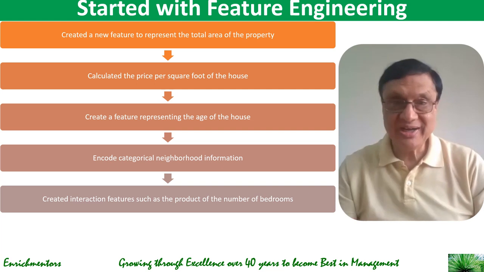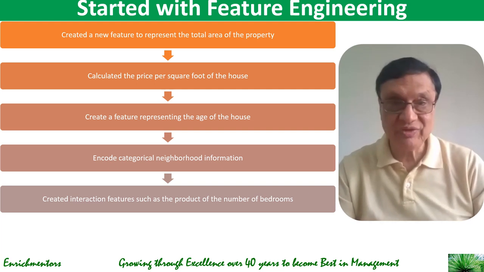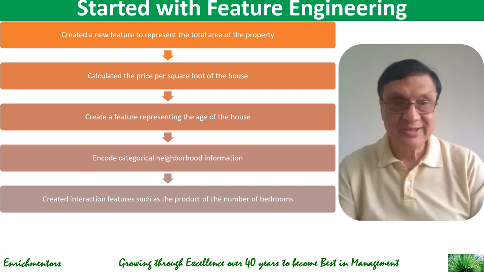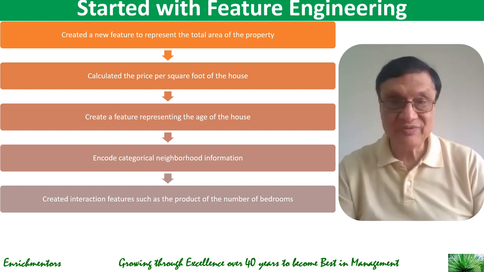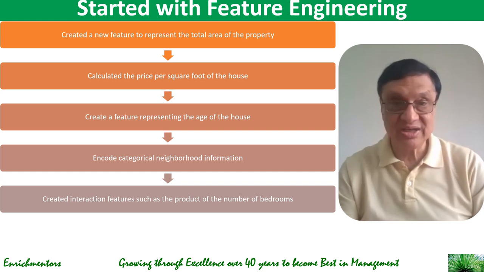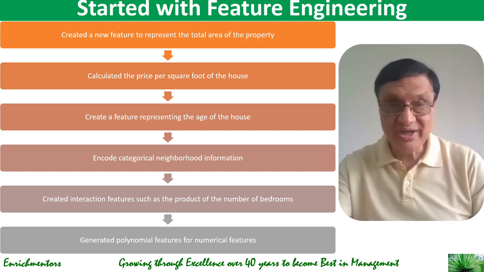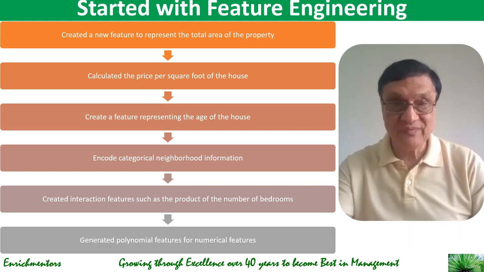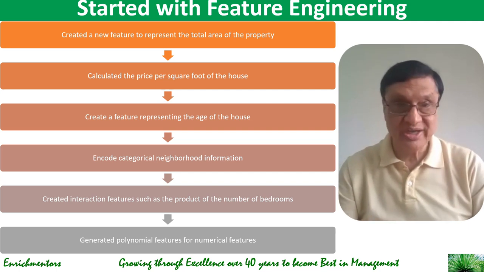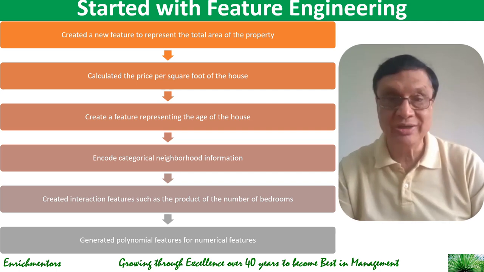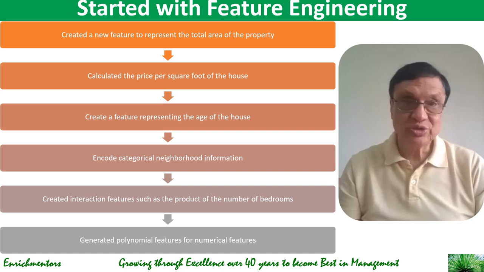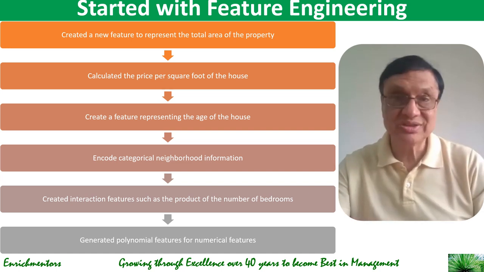Then they created interaction features such as the product of the number of bedrooms and bathrooms to capture the combined effect of these variables on the house price, because you would guess that is a critical thing to do. And then they generated polynomial features for numerical features like the size of the house or the age of the house to capture non-linear relationships. So there's a lot of feature engineering that was done, and that's how they started.